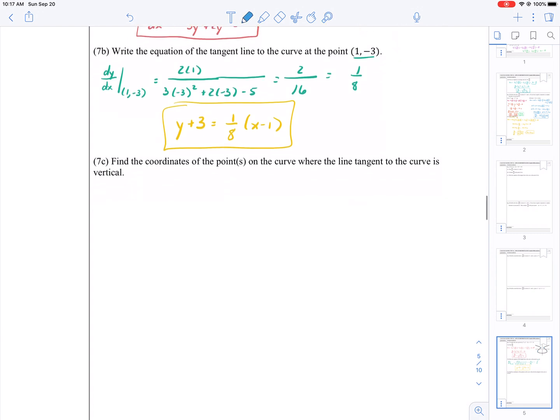So let's make a note of that. So we've got vertical tangents occur where the derivative is undefined.